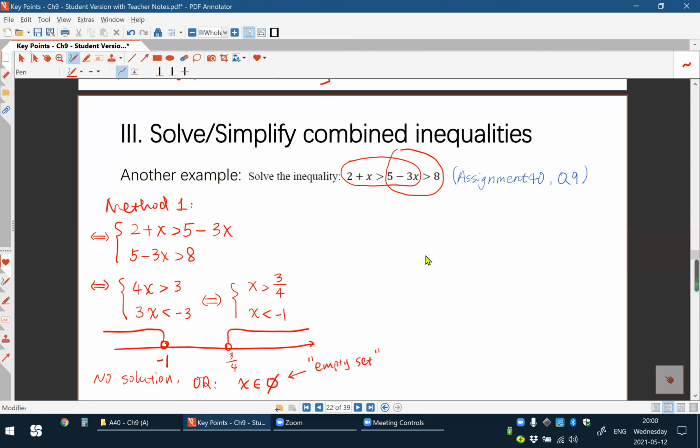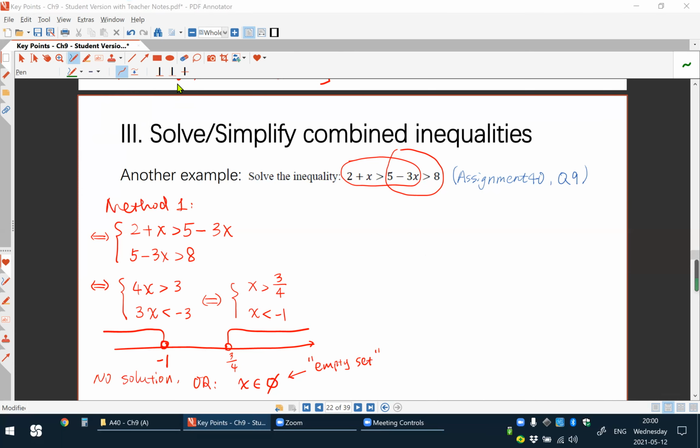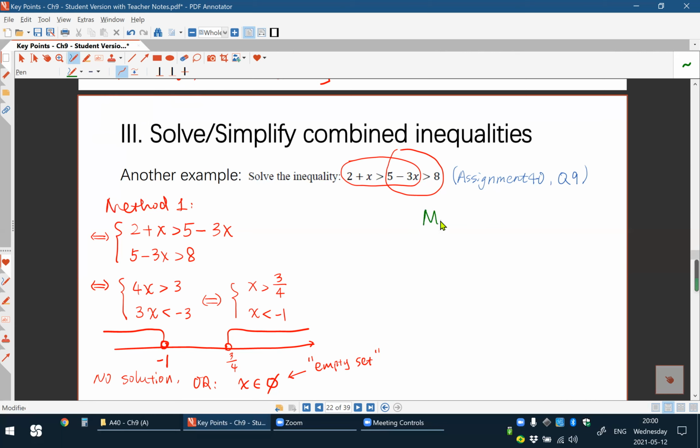You understand? All right. Do you understand? Do you know how to solve it now? Okay, so how about method 2? Can we use method 2 here?